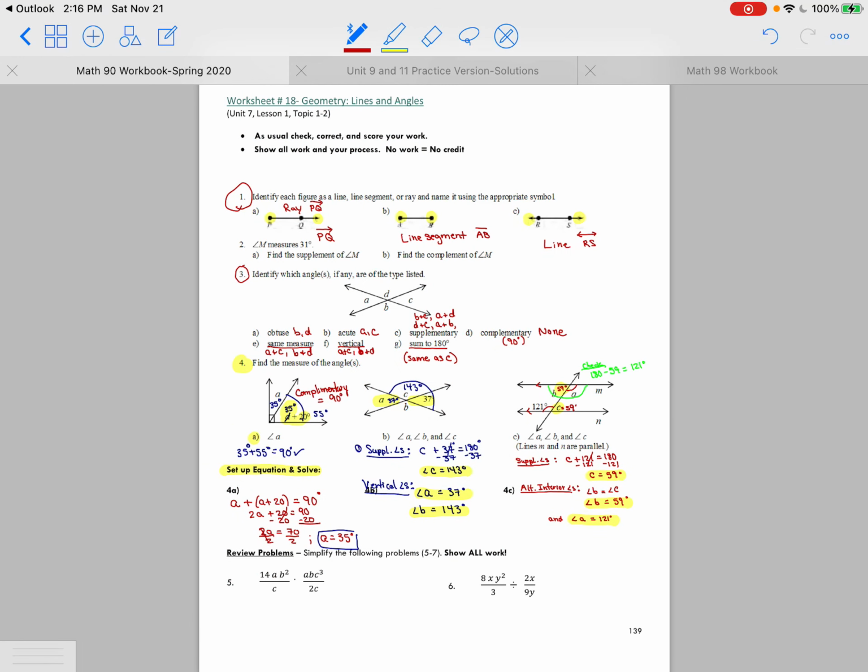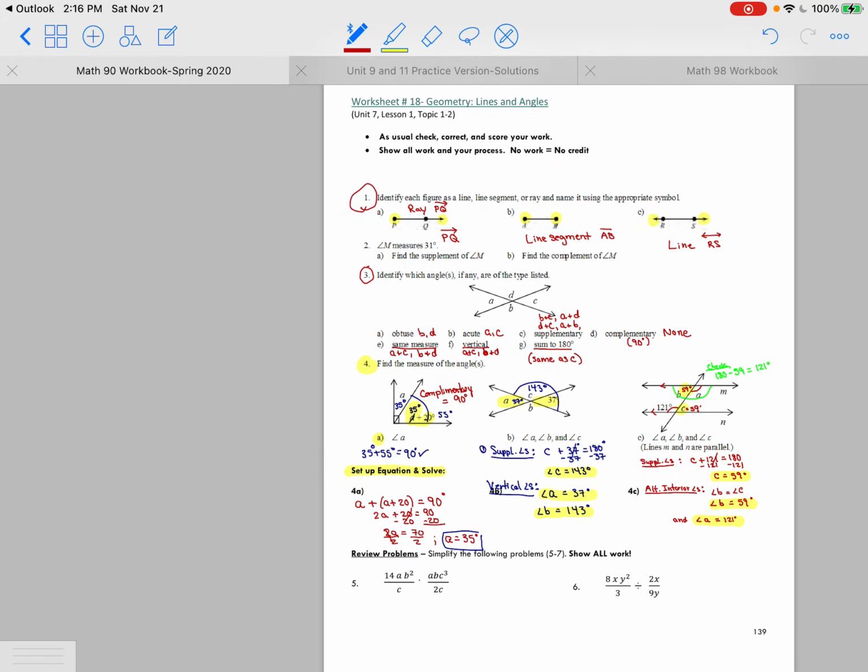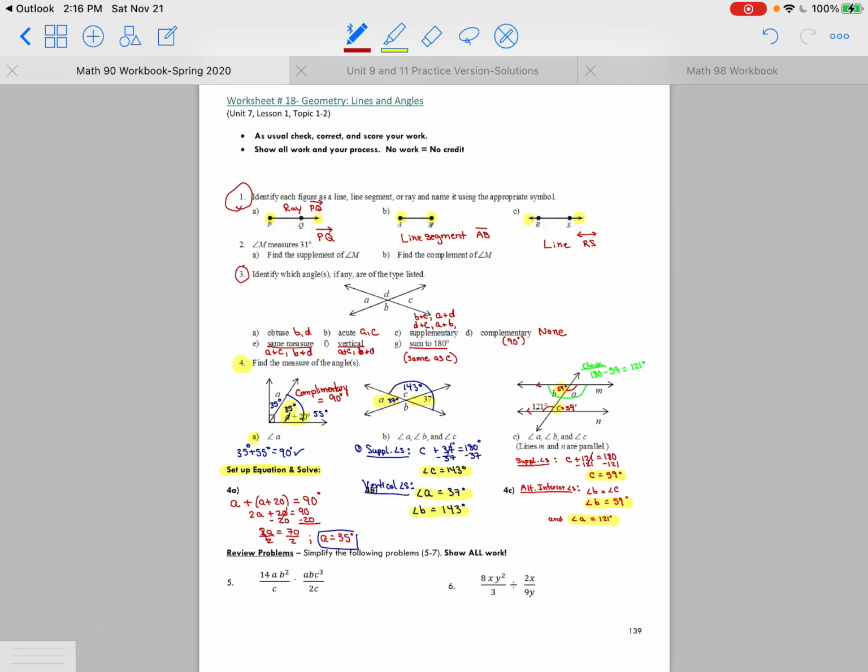Okay, guys, so this is just a little bit of a lot of things, but the idea is for you guys to just start really looking at the relationships between these angles and start to use the algebra to solve for all of the missing angles.